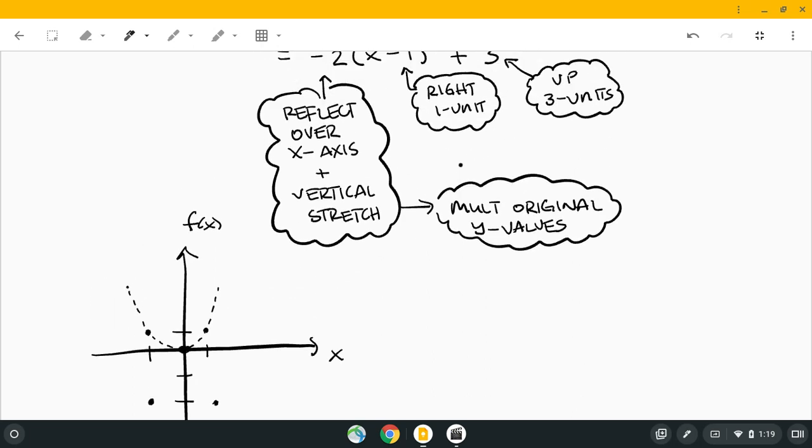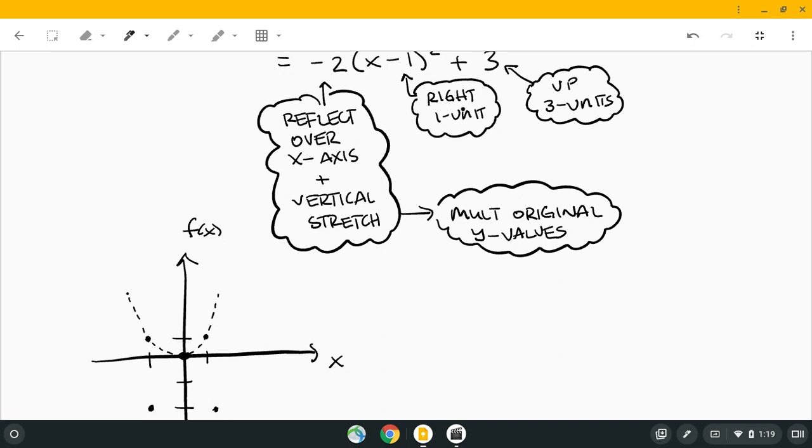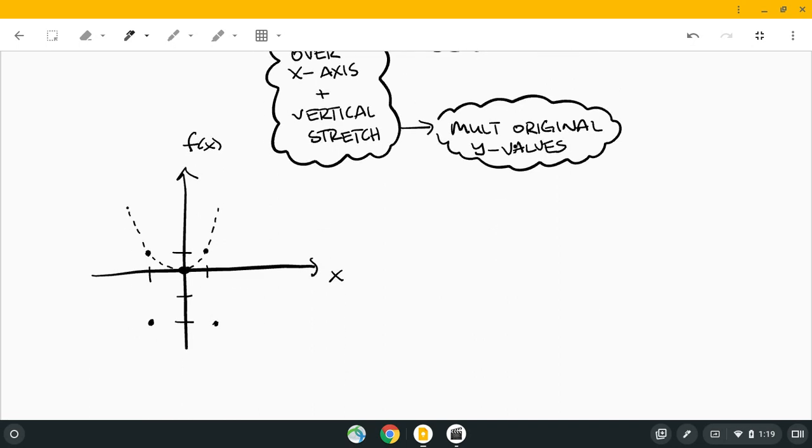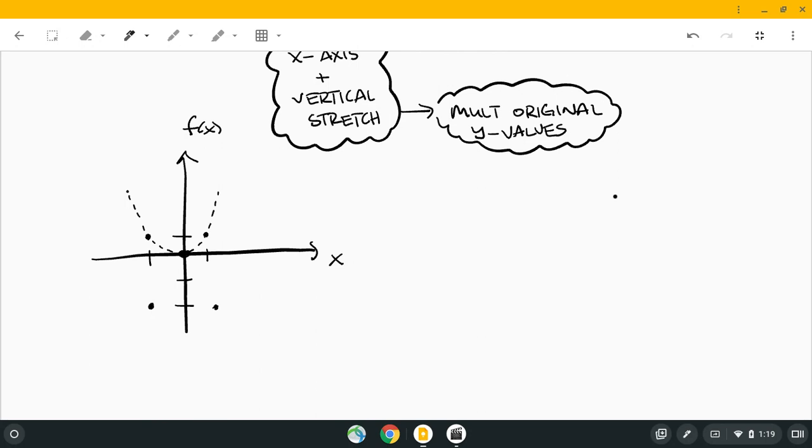And then I'm going to take those 3 points and shift them right 1, up 3. So this point over here goes right 1, up 3: 1, 2, 3. You know what? I'll use a different color just to make it a little easier to spot.